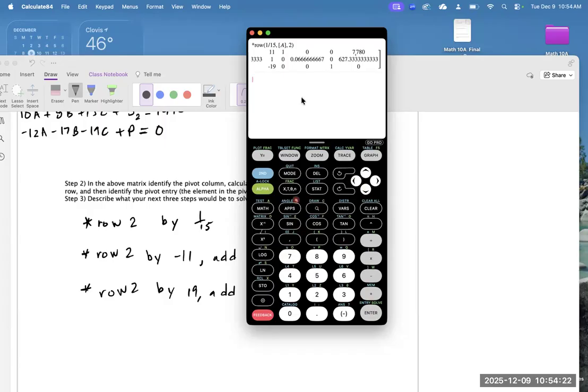Now you notice that in that second column, there is a 1 instead of what used to be a 15. That row used to be 11, 15, and negative 19. Now it's 11, 1, and negative 19.